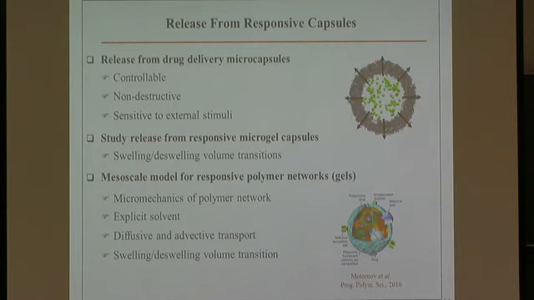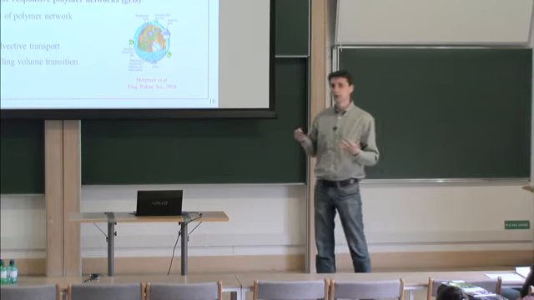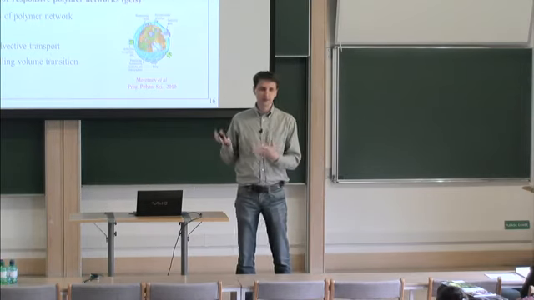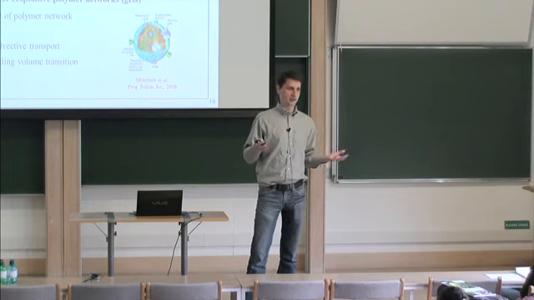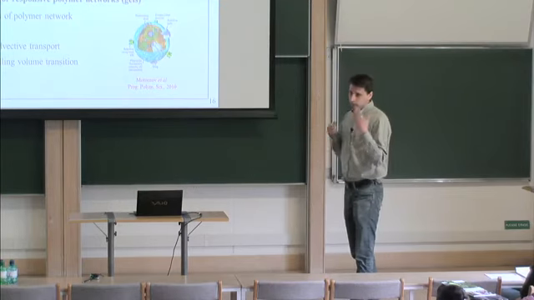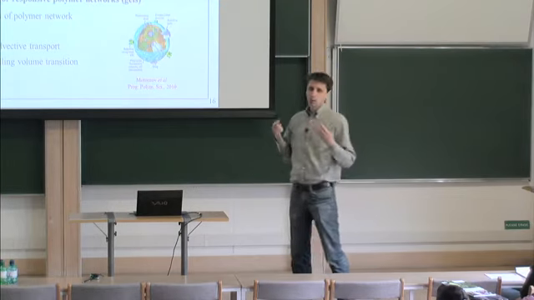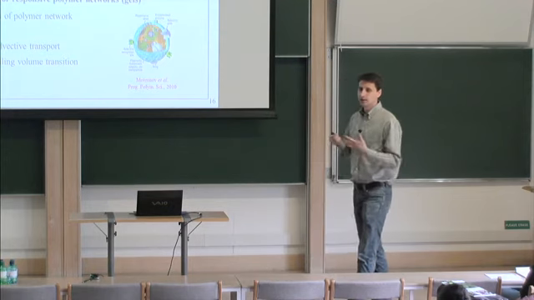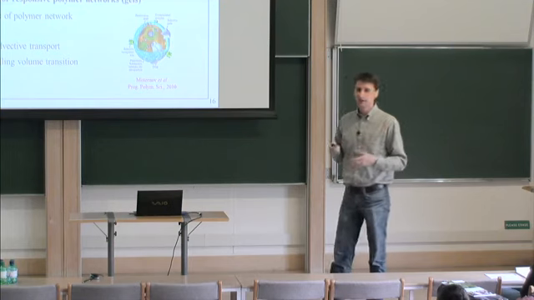This is the same network I showed you before, that we can model the transport properties of. We use this network to build a capsule. This is a cross-section, essentially two-dimensional. We put something inside, some sort of nanoparticles that mimic a drug, and we want to figure out how we can release these from inside this capsule in a controlled manner. Okay, so this is a very simple question that we want to try to answer. And this is a way to think about designing some drug delivery systems, some drug delivery agents.